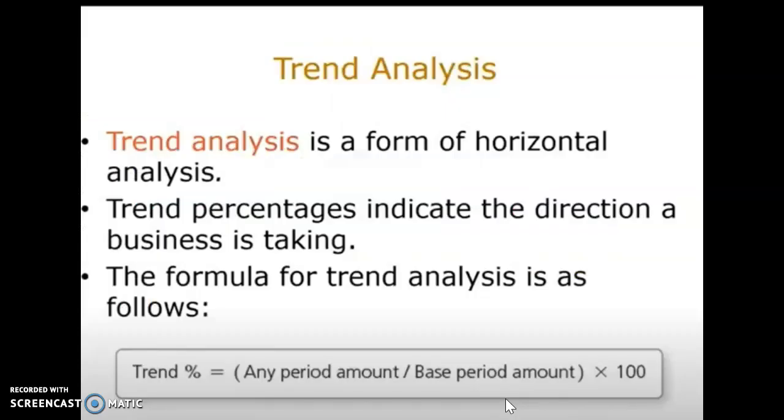Okay. Now, this is not in this textbook slides. This is in the previous textbook slide. But this is called trend analysis. And it is a form of horizontal analysis. And you're going to take any period amount and divide it by the base period amount, the oldest year, and times it by 100 to get your trend percentage.